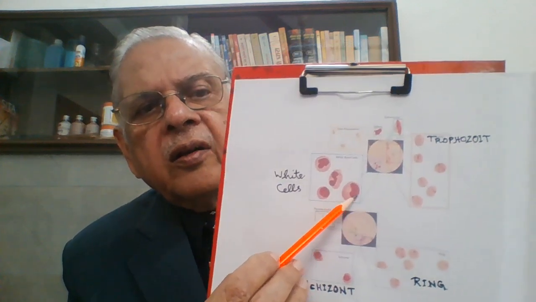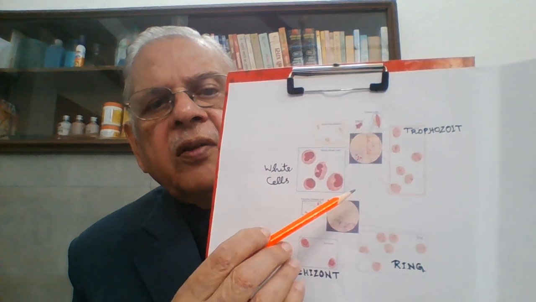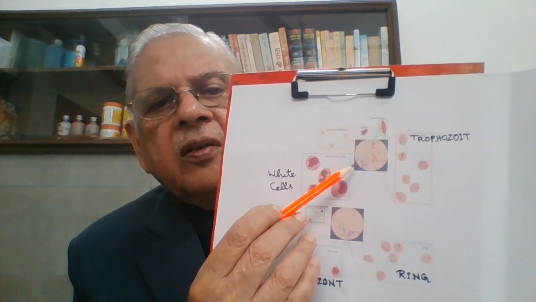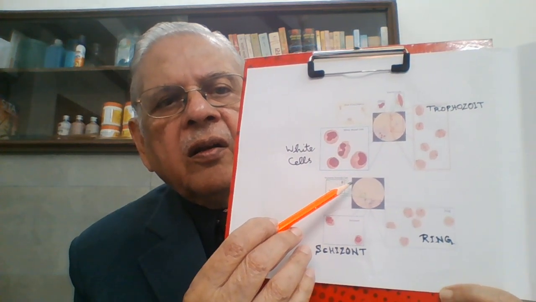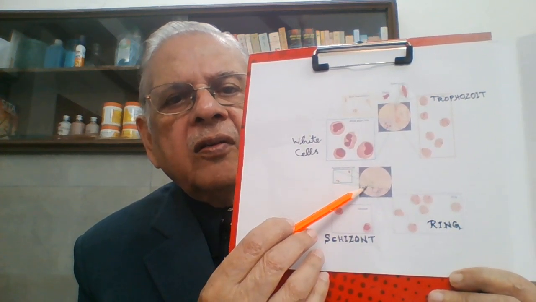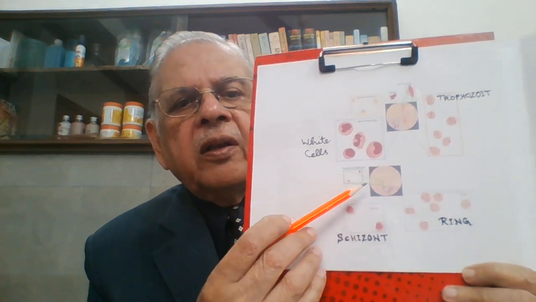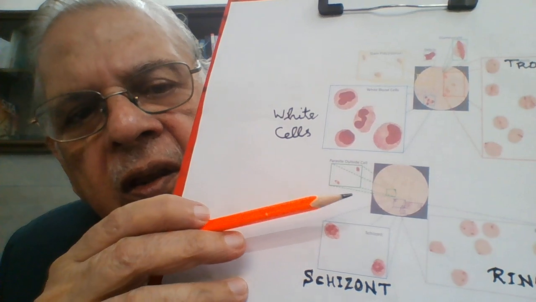The other diagrams are just showing you the malarial parasite in different stages. This stage is called schizont stage. Here the malarial parasite is comparatively big in size.